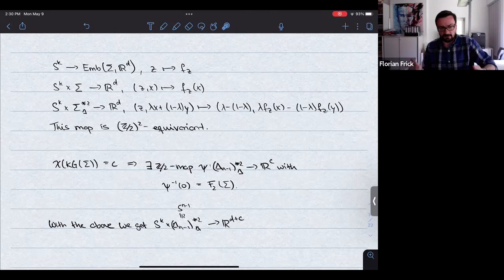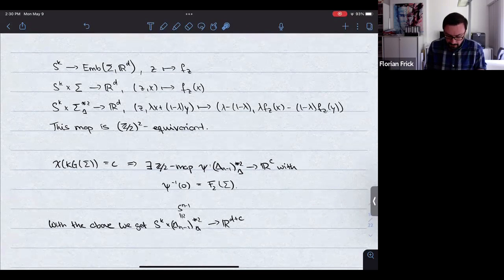Think of an octahedron. Right? This is an octahedron that your triangulation sigma lives in. And you use the C colors to construct a map to R^C in the stupid way where you map non-faces, you know, red is the first unit vector and blue is the second unit vector and so on. And you just write down this map. And this map will have the property that the zeros are exactly the configuration space of sigma.